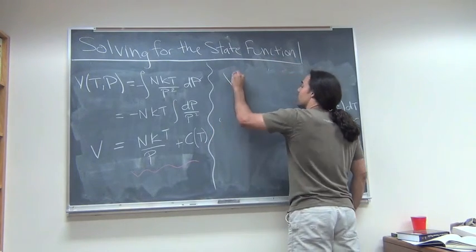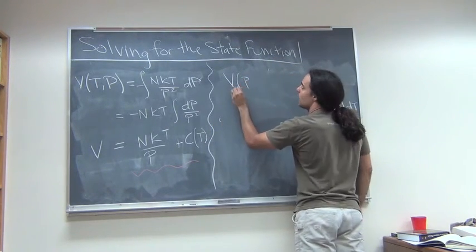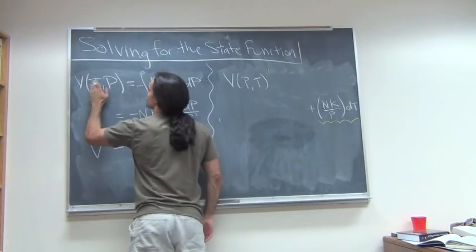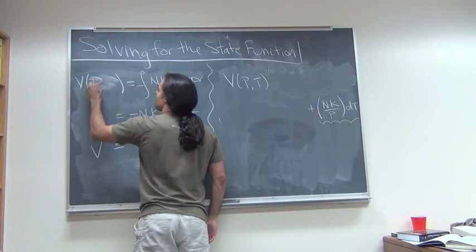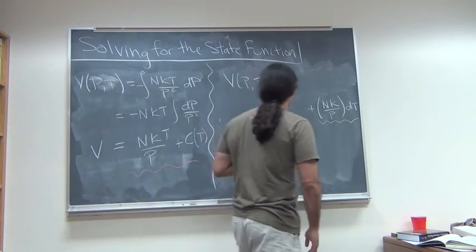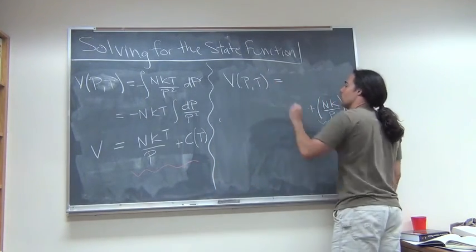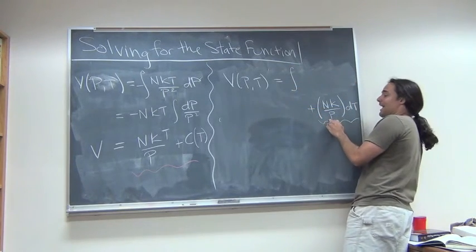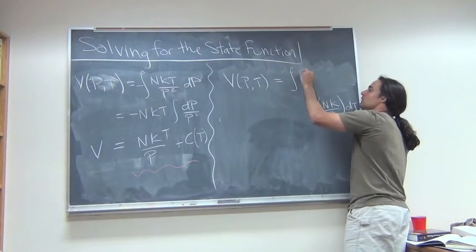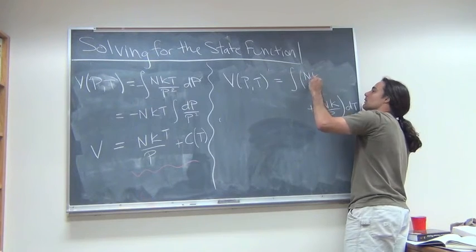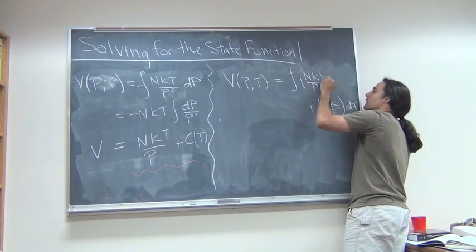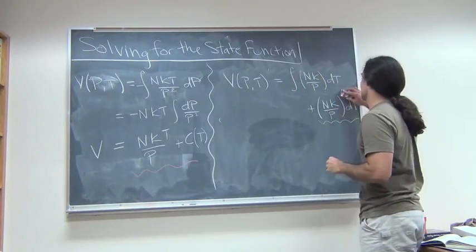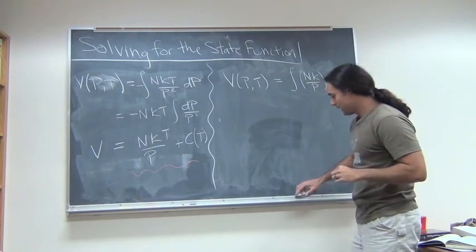So my volume, again, is a function of pressure and temperature. I really should have kept my order here. Sorry about that. Volume as a function of pressure and temperature equals the integral of this thing, nk over P dT.